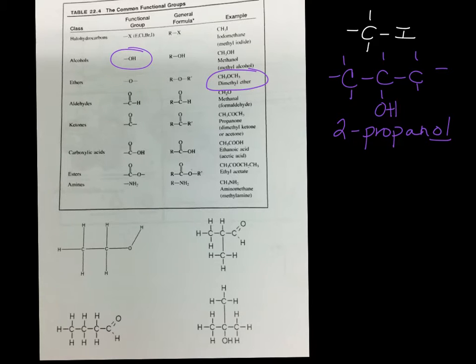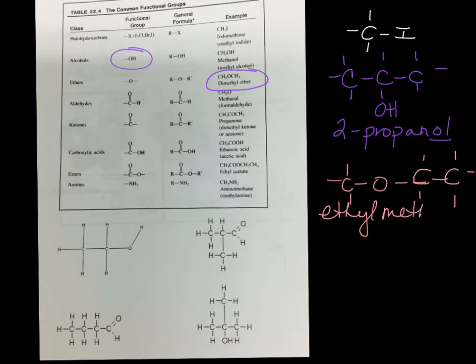Now, if I have a methyl group on one side and, oh, it doesn't want to erase it. Come on. All right, I'll see what I can do with this then. We'll turn this into 2 C's on the right. Then I have ethyl methyl ether, because I have an ethyl group on the right, I have a methyl group on the left, and it is an ether.